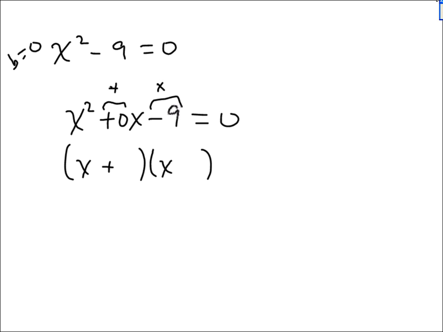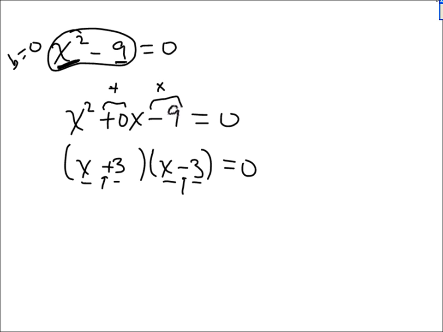And those two numbers are positive 3 and negative 3. Just for the record, this here is the difference of squares. Here you can think of it as x being squared, and over here you can think of it as 3 being squared. That's why I have x and 3 in both of the brackets. One with a plus, one with a minus.